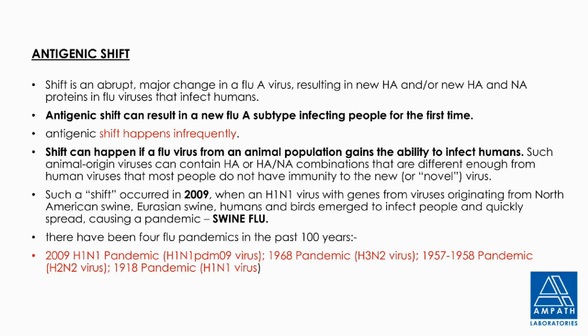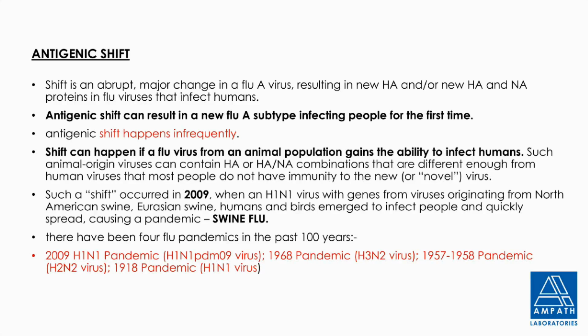So I think here the takeaway is that a shift is a major change. It's an abrupt major change in the flu A virus, and you have a new hemagglutinin or both glycoproteins that are affected. So your immune system is going to encounter something that it's never seen before.